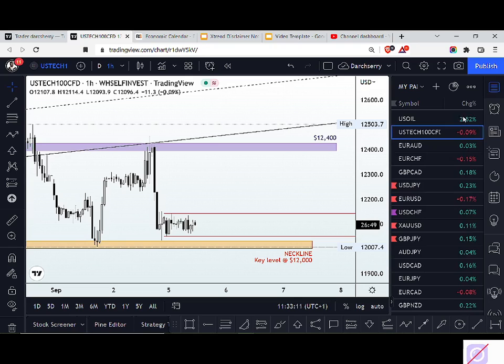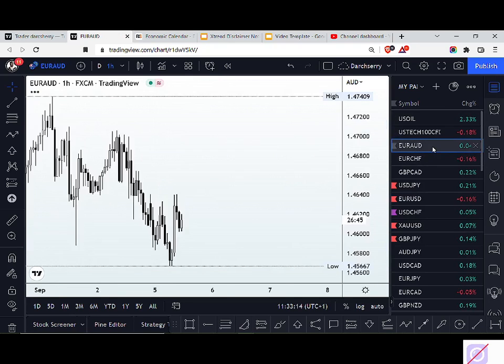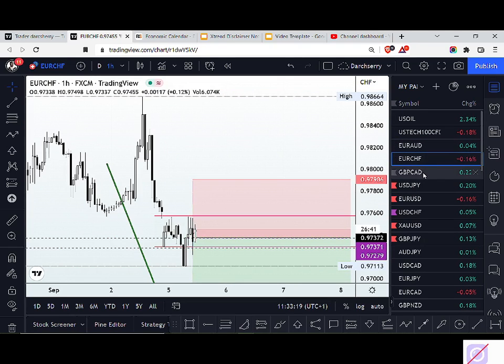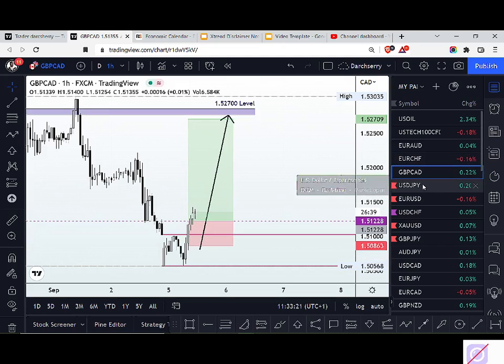So let's see which pair we want to be taking. Okay, let's go for the USD JPY. Then after the USD JPY, I'll take the GBP USD. Then we close with EUR USD.